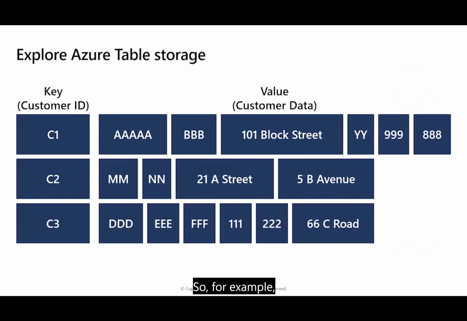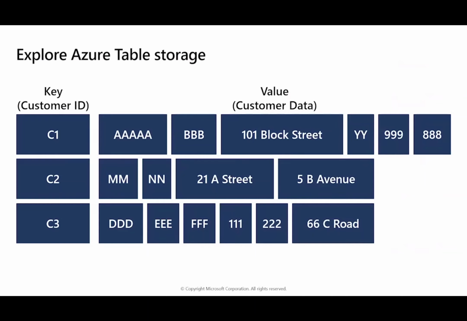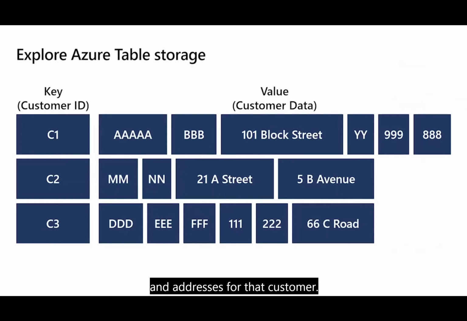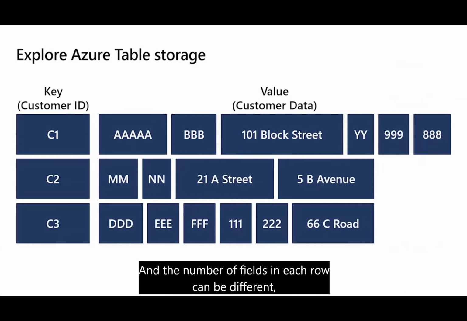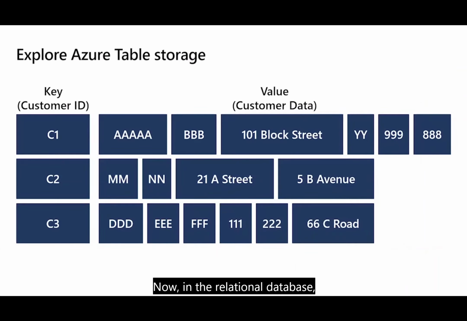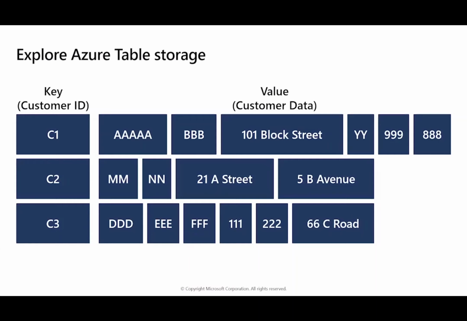So, for example, a table holding customer information might store the first name, last name, one or more of their telephone numbers and addresses for that customer. And the number of fields in each row can be different depending on the number of telephone numbers or addresses that particular customer might have. Now, in a relational database, this information would be split across multiple rows and several tables.